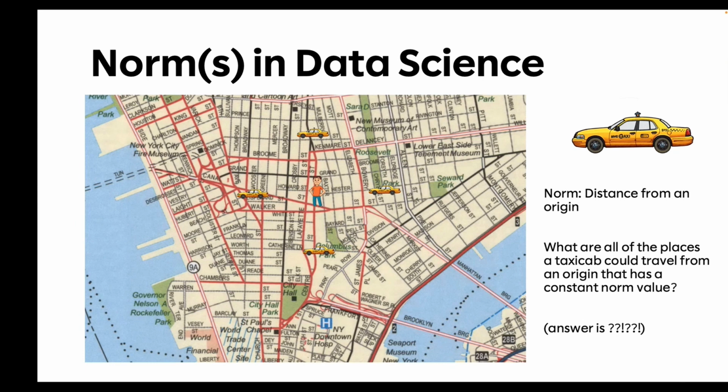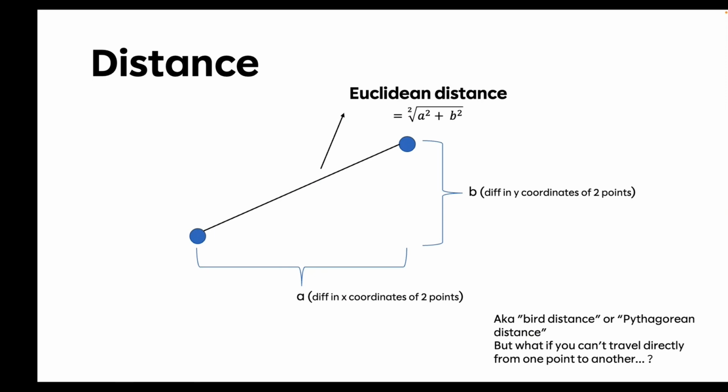But I think I want to get a bit more mathematical. I'm going to draw some pictures to talk about this further. When we just say distance, that straight line distance is actually the Euclidean distance. And with math, we know this is the hypotenuse.